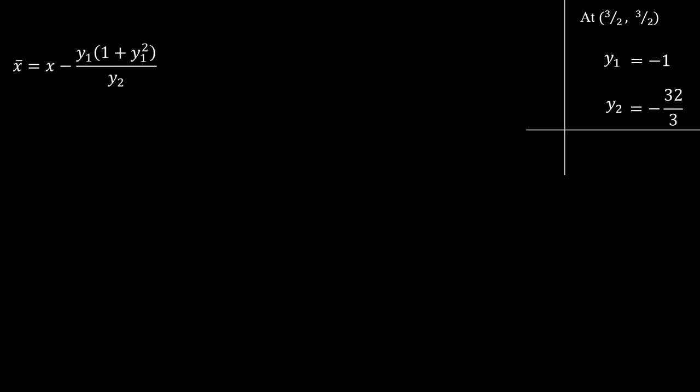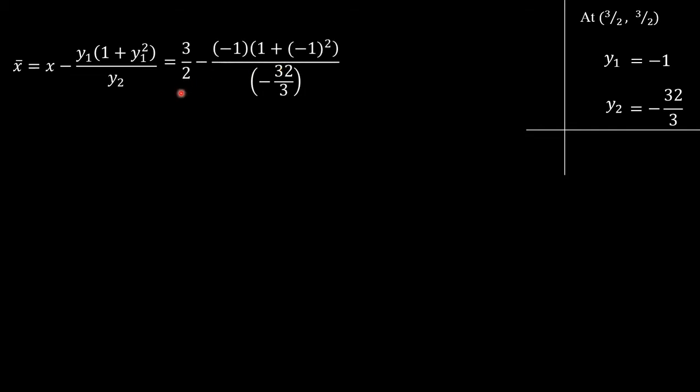So the x coordinate of the center of curvature at the given point is given by x̄ = x − y1(1 + y1²)/y2. Just substitute the values of y1, y2 and x over here, students.